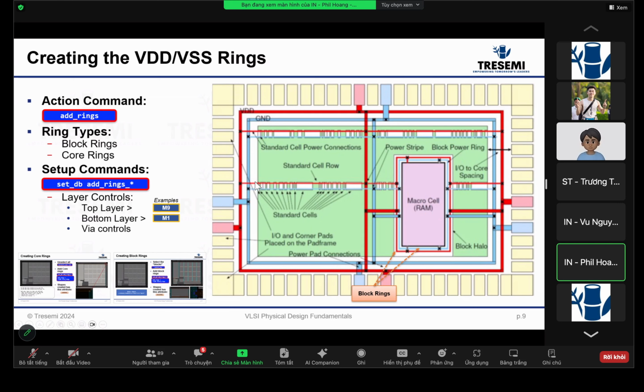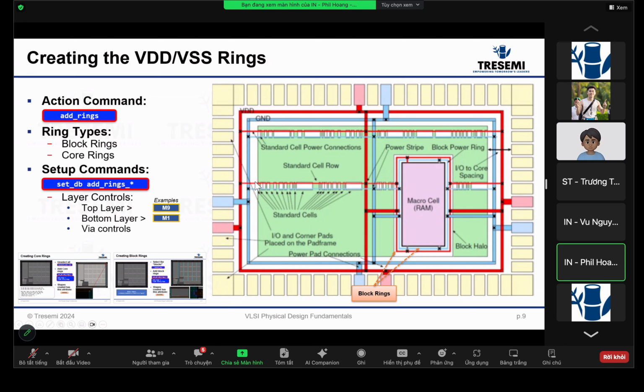Okay, keep the questions coming. Very good ones. There's one more question. Which metal for power routing is it isolated between power domain? Very good. We typically use the highest metal simply because we want to have low resistance.